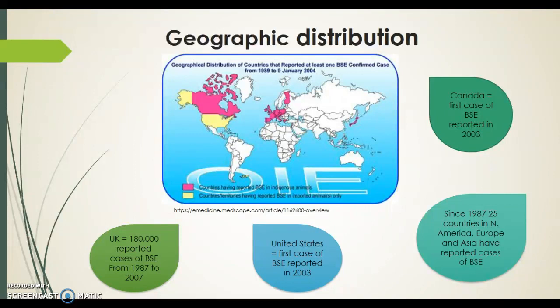The United States, well, the first case of bovine spongiform encephalopathy was reported in 2003, which was the same for Canada. The first case was also reported in that same year. And since 1987, 25 countries in North America, Europe, and Asia have reported cases of this disease.